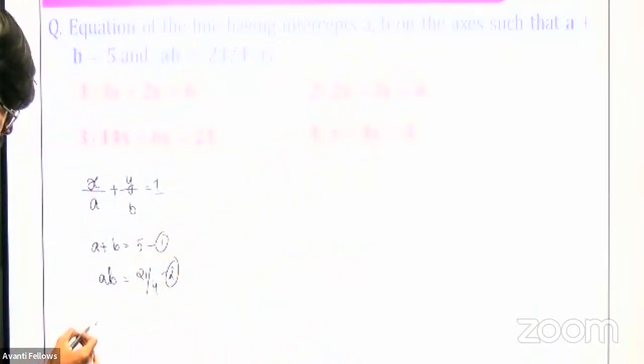I can write a minus b the whole square equals a plus b the whole square minus 4ab. So what will be a plus b the whole square? 25 minus 4ab will be 21. So this will be equal to 4. So that means a minus b will be equal to plus or minus 4.